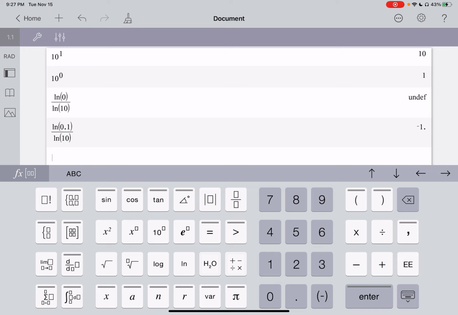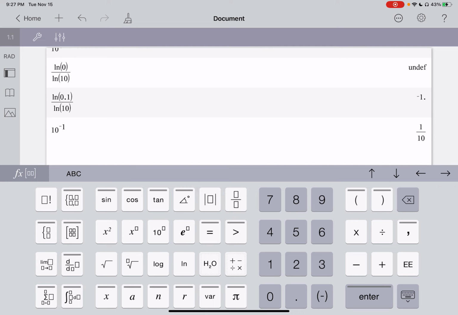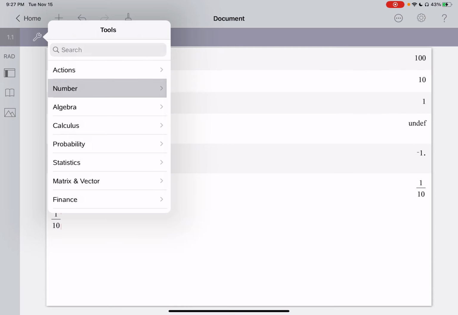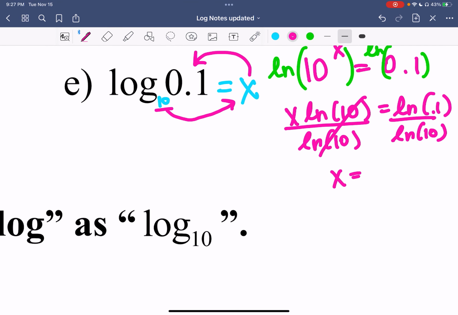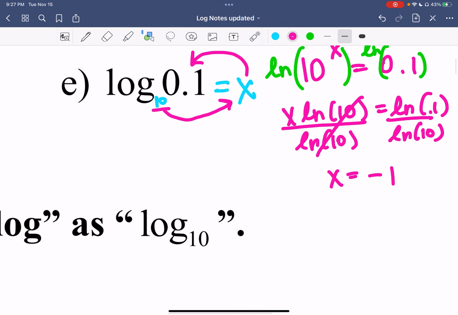So we had 10 to the power of x equals 0.1. We do 10 to the power of -1, we should get 0.1. We got 1 over 10 because it's in fraction form, but I can convert it to a decimal, and it's 0.1, like I said it would be. So x is equal to -1.